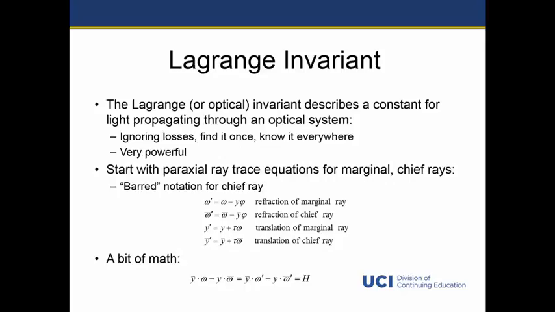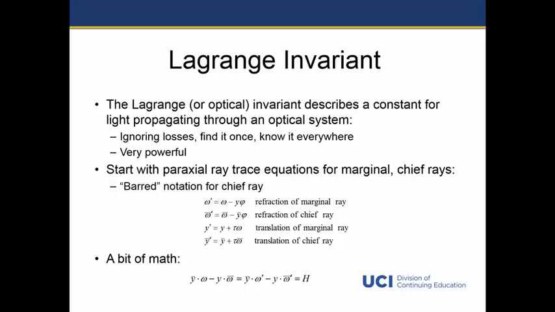And this quantity, which is the chief ray height times the marginal ray angle minus the marginal ray height times the chief ray angle, in any space, so this would be an object space, this would be an image space, is equal to this Lagrange invariant.